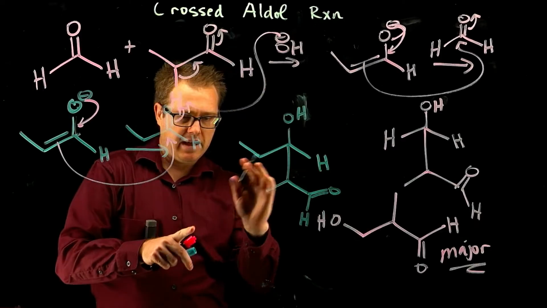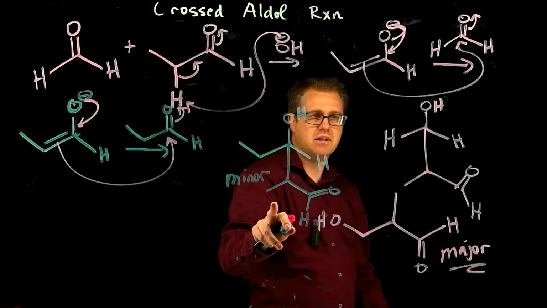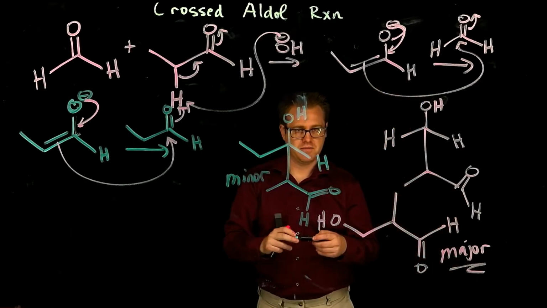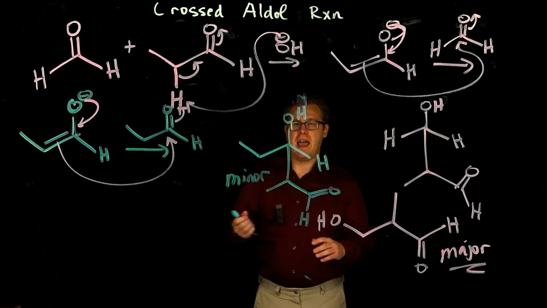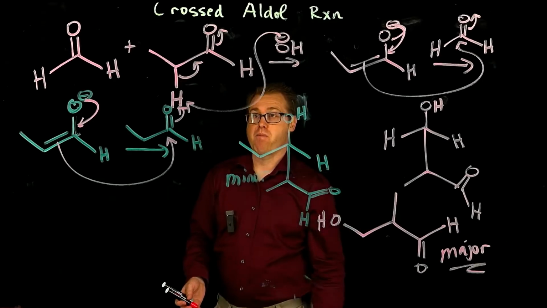So why is this one in blue the minor product, and this one in pink right here, why is that the major product? Well, the answer is it's a steric argument.